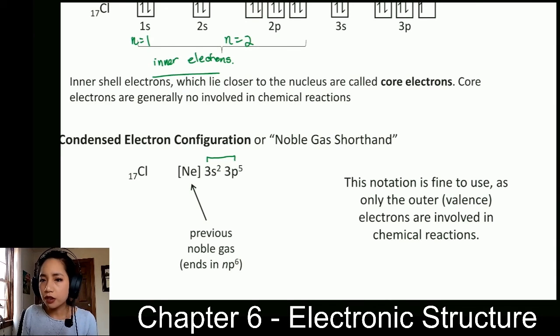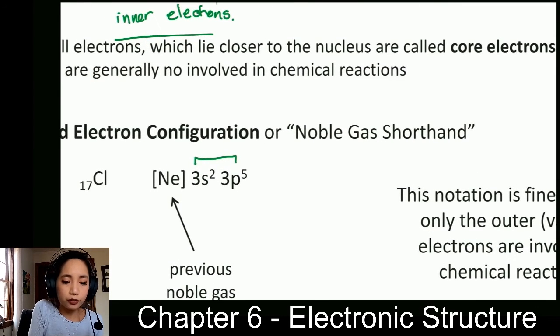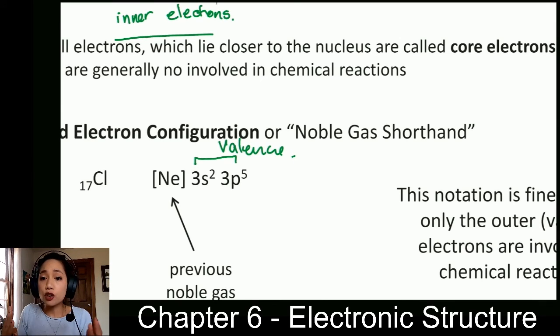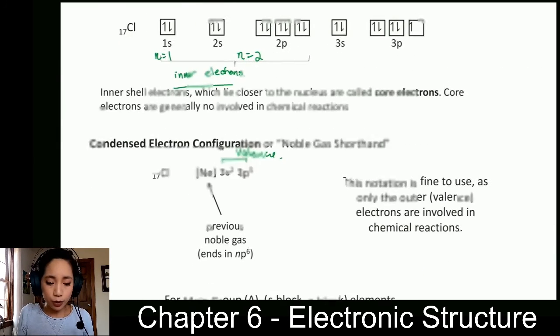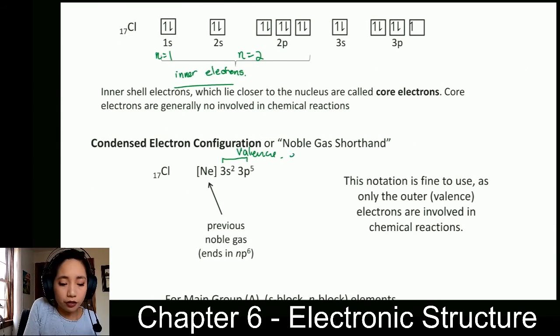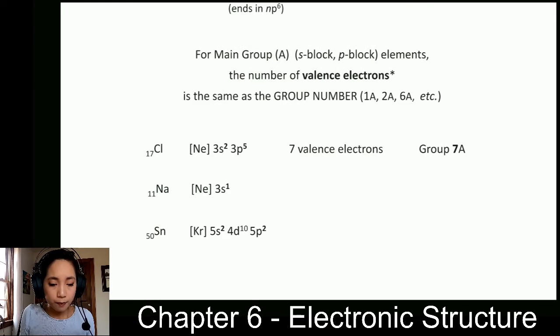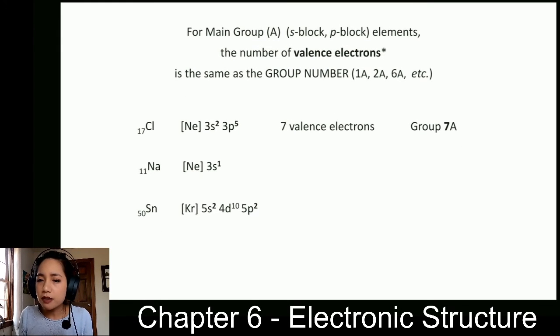Another thing the noble gas configuration does is highlight these outer valence electrons that we've talked about. It's showing you the most important part of the electronic structure, just the outermost electrons. We've already touched on valence electrons when trying to determine the charge of monatomic ions.